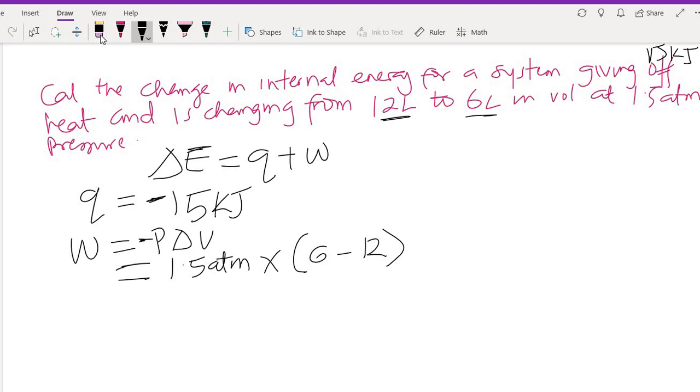So this gives us negative 1.5 times negative 6, and that gives us 9 liter atmosphere.